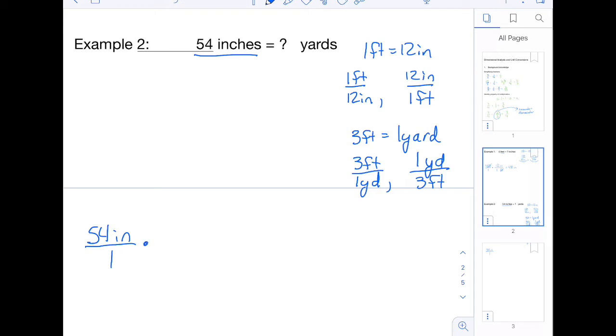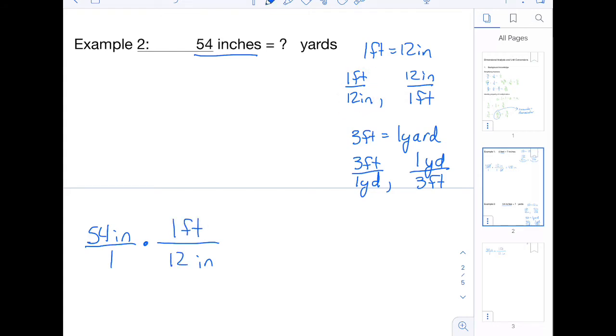And then I know that I need to write something that has the same value in the numerator as the denominator, and I want to have inches in the denominator because I want my inches to cancel out. So I come up here where I convert between inches and feet, and I choose inches in the denominator.